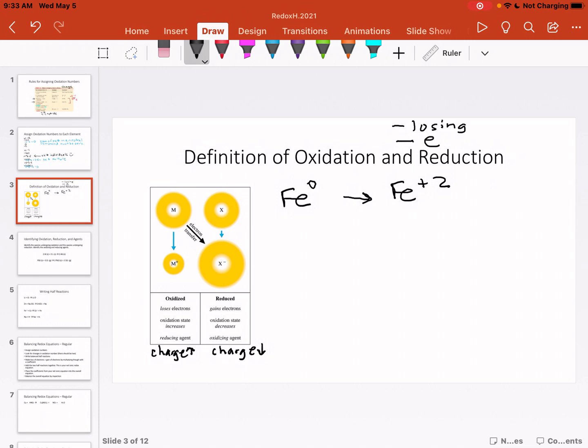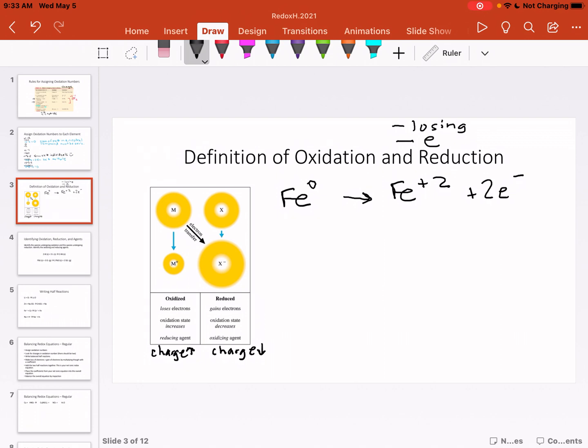So I've got 0 and I've got +2. +2 is my high side. I'm going to add 2 electrons to the right-hand side, and so now they match. Both sides of the equation are neutral. They don't have to be neutral, they just have to match.